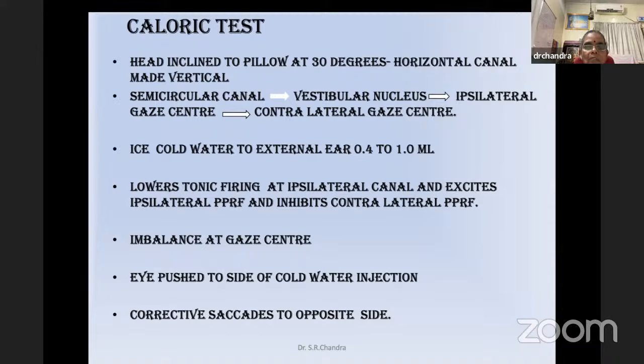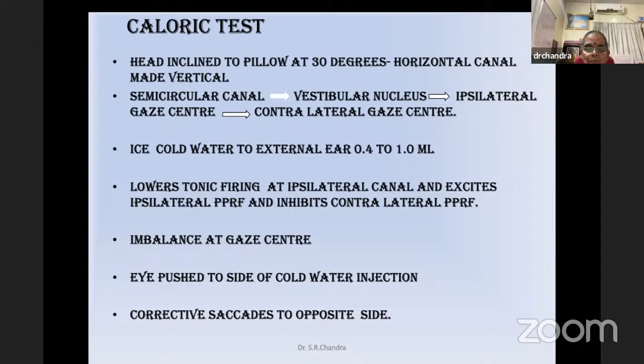The eye is pushed to the side of the cold water injection because the ipsilateral PPRF is irritated. An irritative lesion of the brainstem PPRF will move the eye to the same side; a paralytic lesion will move the eye to the opposite side. So with the cold water, the PPRF gets irritated and the eye is pushed to the same side as the cold water injection, and corrective nystagmus happens to the opposite side.